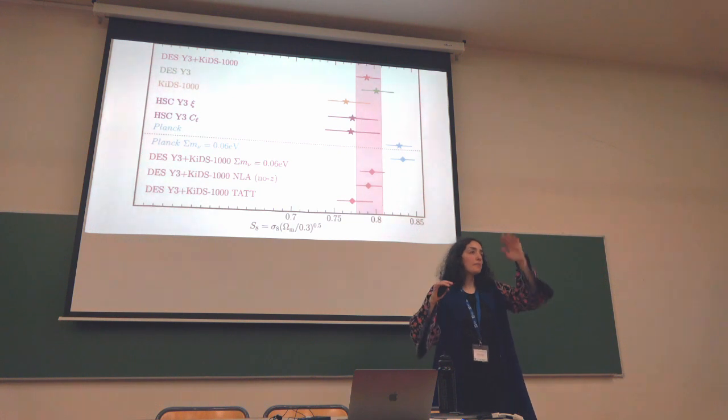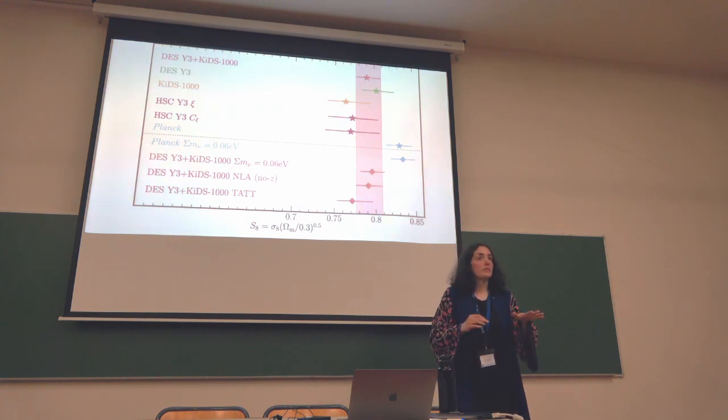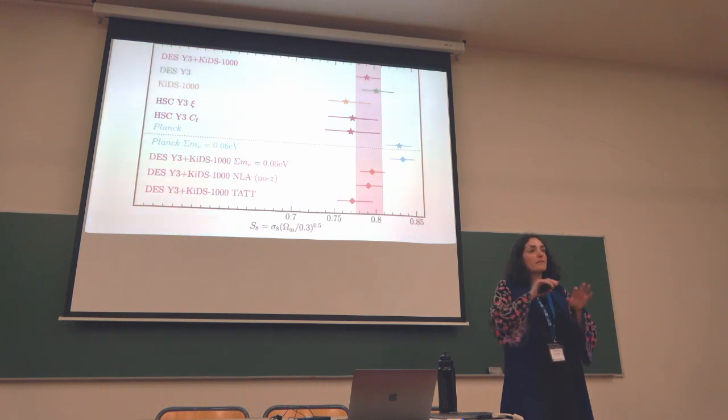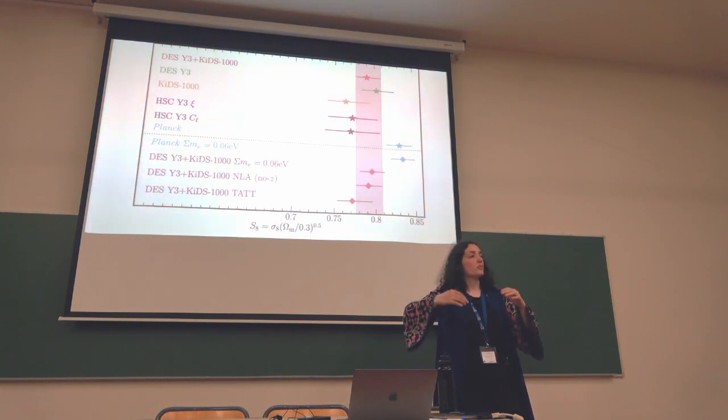And then you have this amplitude that you're allowed to change, and you have just this one parameter. With TATT, you have 5 parameters. 2 of them are redshift dependent, so you could say you have 3 parameters. And with these 3 parameters, you allow for the shape of the signal to change as well.